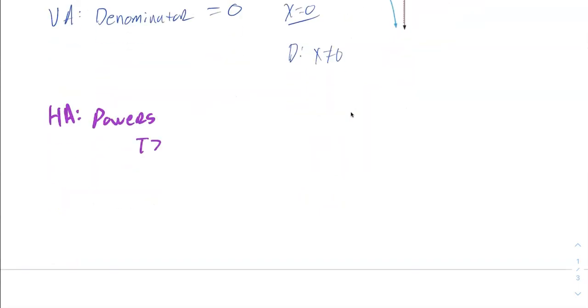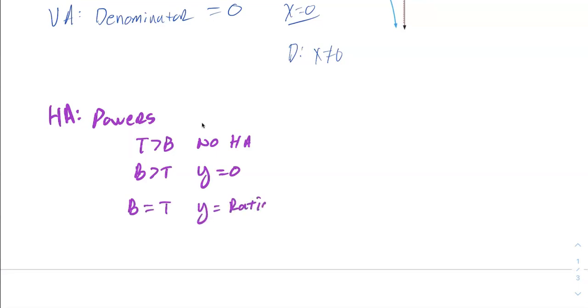If the top power is bigger than the bottom power, then, for the sake of IB, there's no horizontal asymptote. If the power is bigger by 1, it's called a slant asymptote, but we're not going to cover that in this class. If the bottom power is greater than the top power, the asymptote is y = 0. And if they're the same, it's the ratio of the coefficients, which we'll talk about more later.